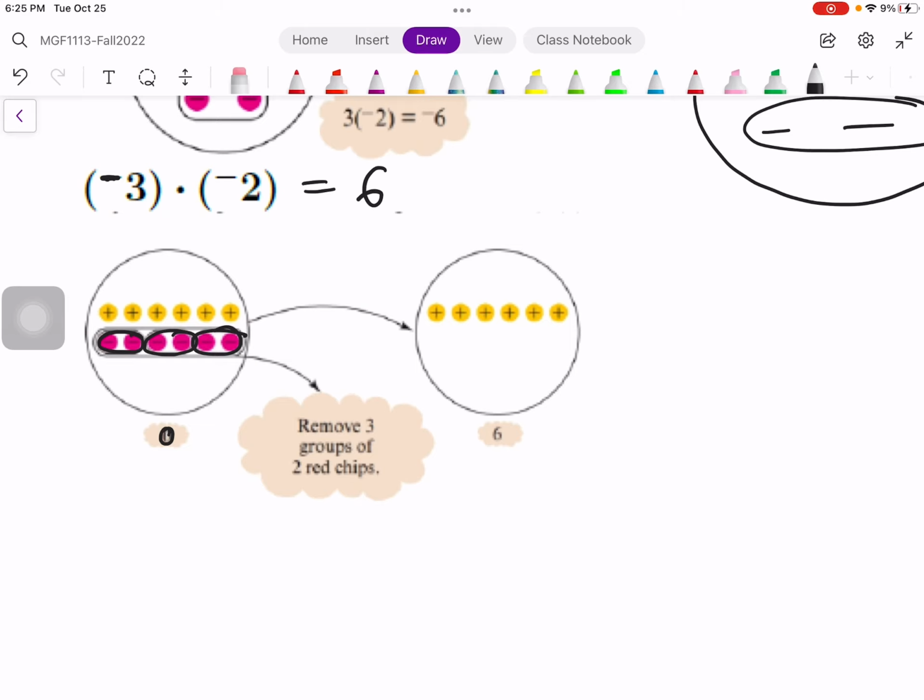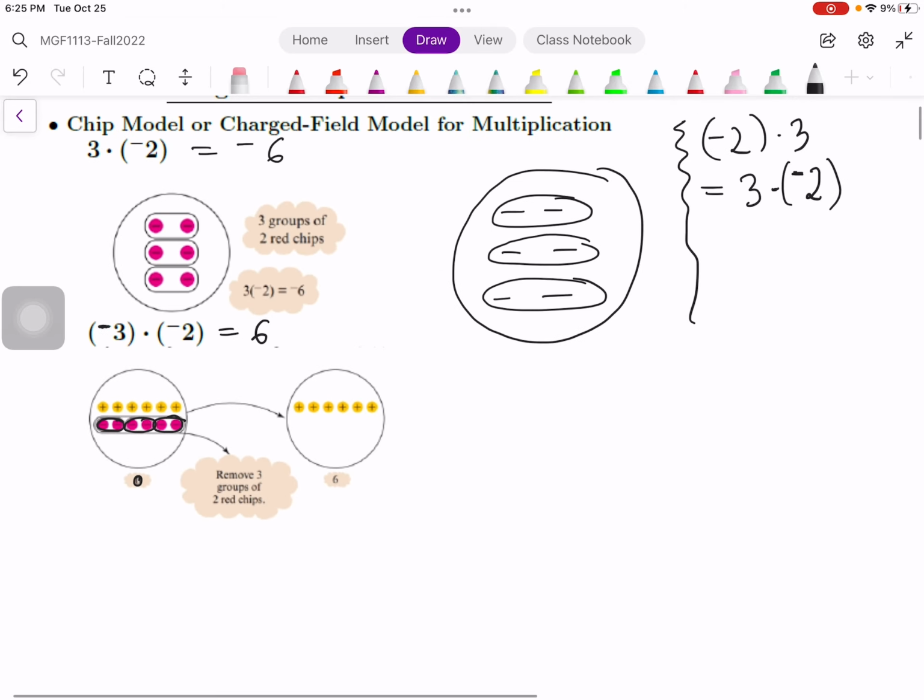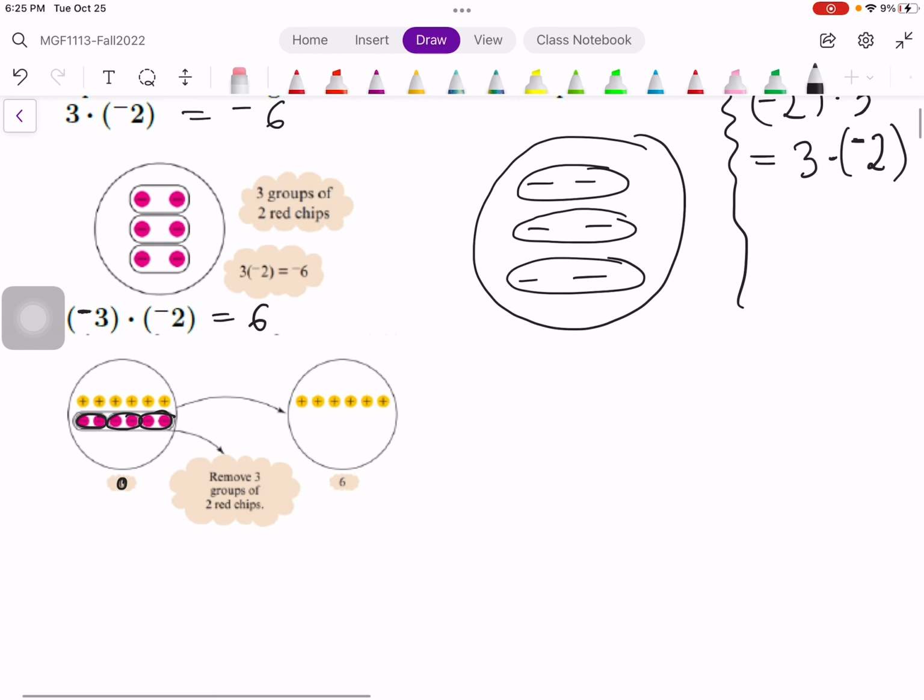So +6. Again, if you don't feel like drawing chips and coloring them, you can just represent that with pluses and minuses. I start with 0. Since I'm going to have to remove three groups of minuses, I first create as many pluses as minuses.